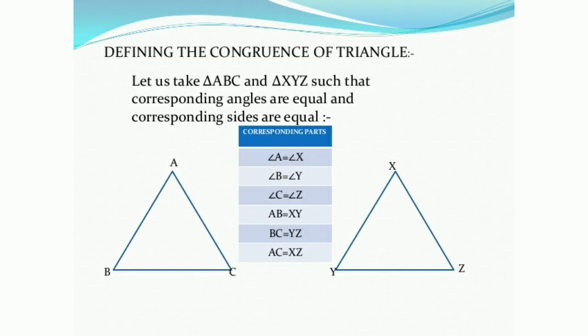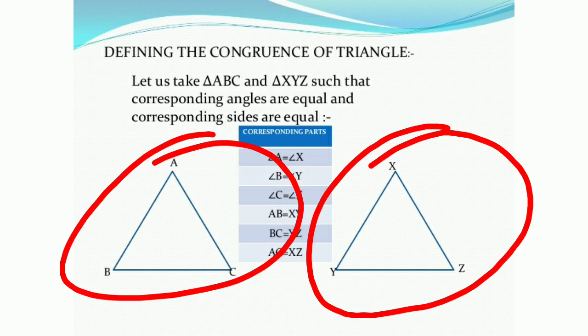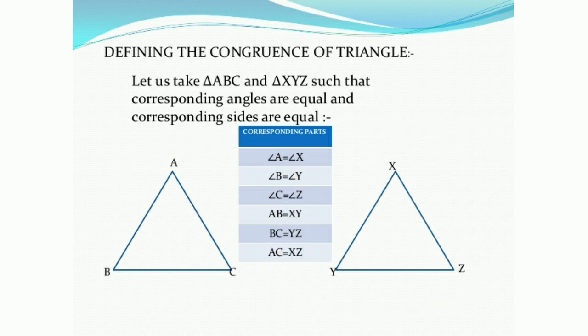We need two triangles. I am selecting here one triangle ABC and the second one triangle XYZ. Here we can see that all the corresponding angles of these two triangles are equal and corresponding sides are equal.